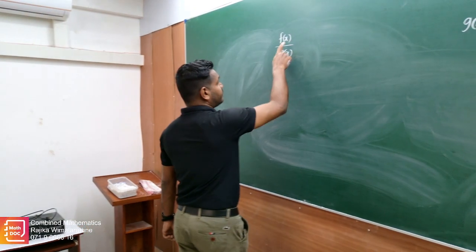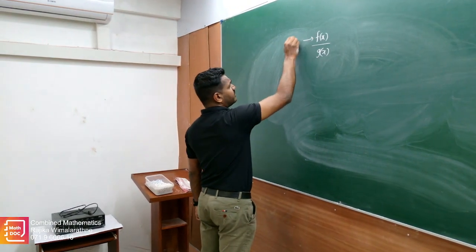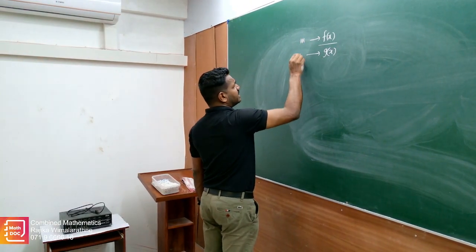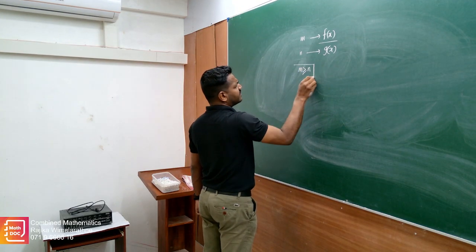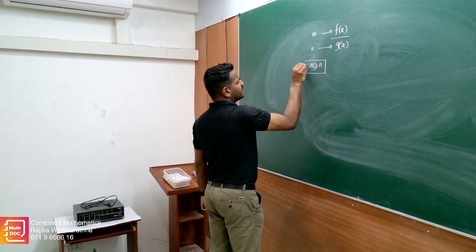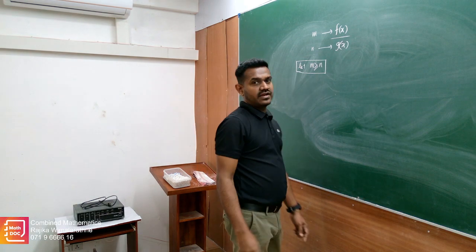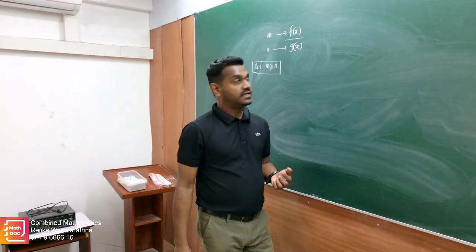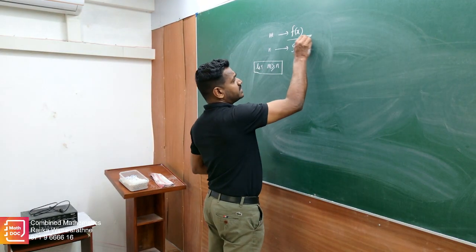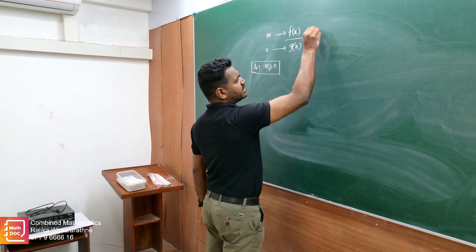Here f(x) is of degree m. Let m be greater than or equal to n. Then only is division possible, no?